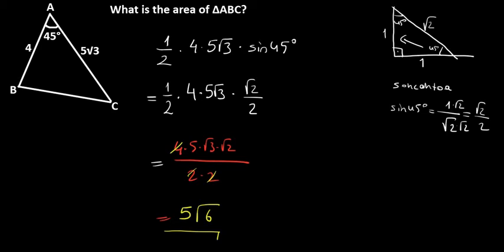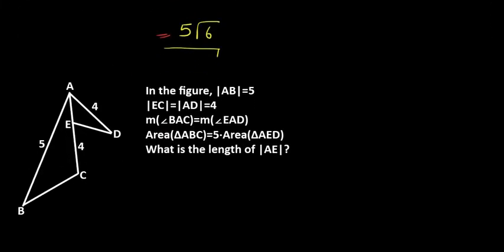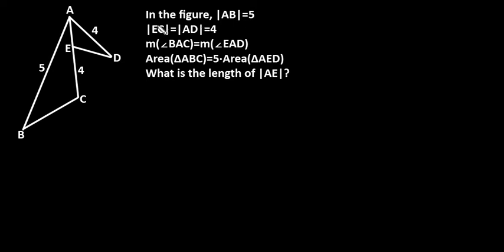Okay, let's look at the next example. In the figure, AB is 5 units and EC and AD are 4 units. The measure of BAC, which is this angle, and the measure of EAD, which is this angle, are the same.